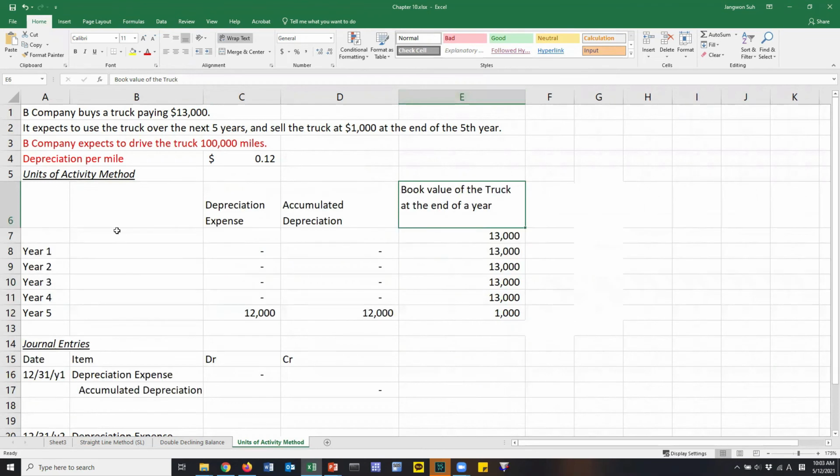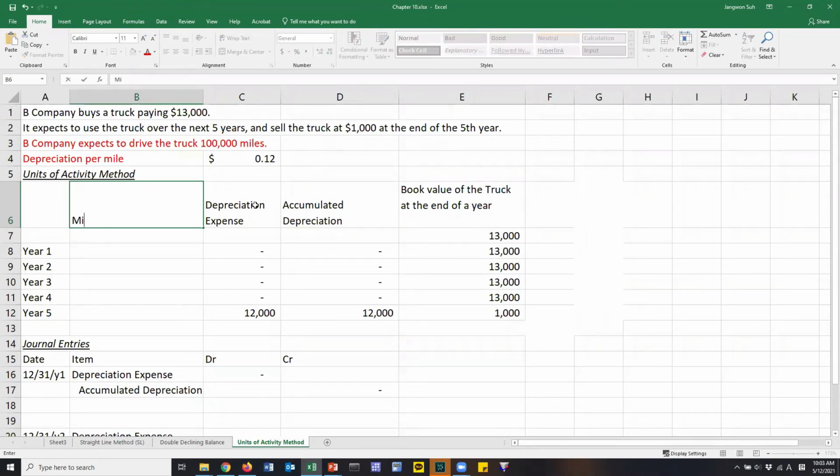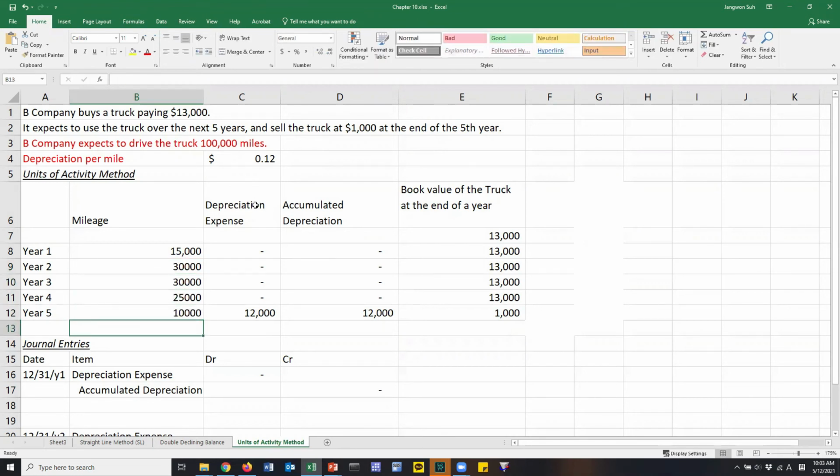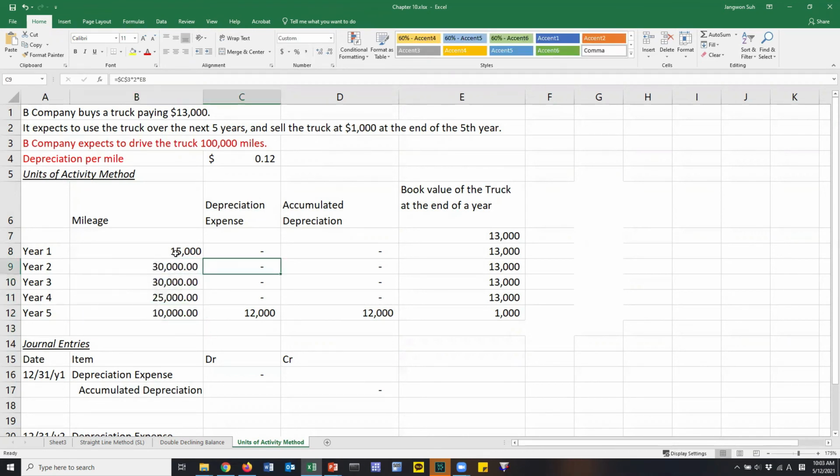When we purchased the truck, and then at the end of each year, you found that at the end of the first year, you've driven the truck 15,000 miles. At the end of the second year, 30,000, 20,000, 25,000, 10,000.